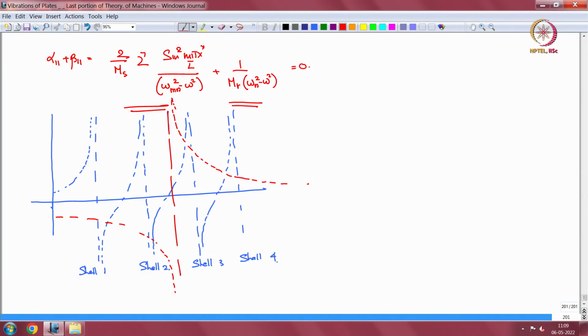So, the new natural frequencies are the intersections of alpha 1 with minus beta 1.